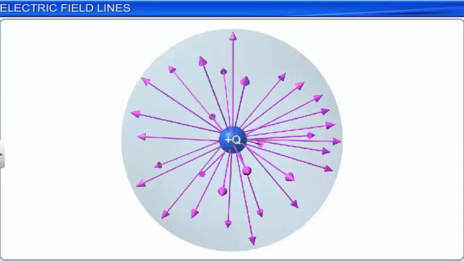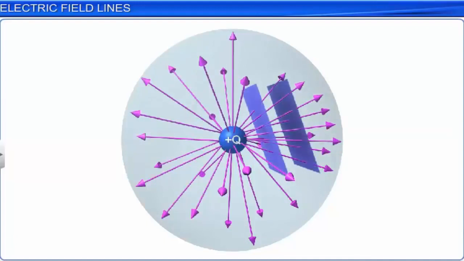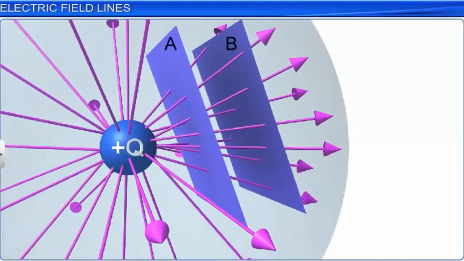To illustrate this, let us now consider two regions, A and B, of the same area placed normal to the field lines in the electric field. The field lines in region A are relatively closer than those in region B. The number of field lines passing normal to an area is proportional to the magnitude of the electric field strength at these points.